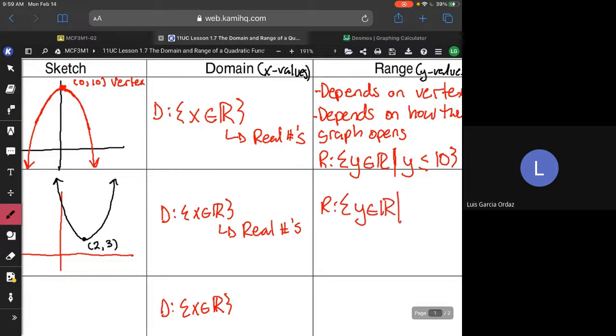Rita? y ∈ ℝ, the restriction would be anything less than 3. Oh, which way is my graph going though? Oh, I mean, more than. Yeah, so my y has to be bigger than or equal to 3, because as you can see here, the lowest y value it can go is 3. And after 3, it gets bigger.